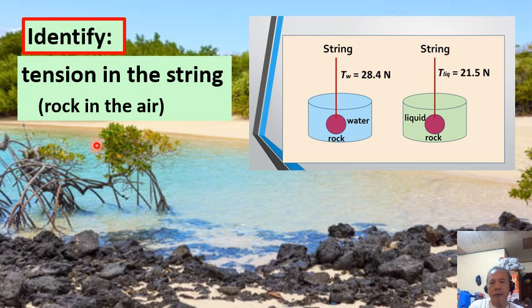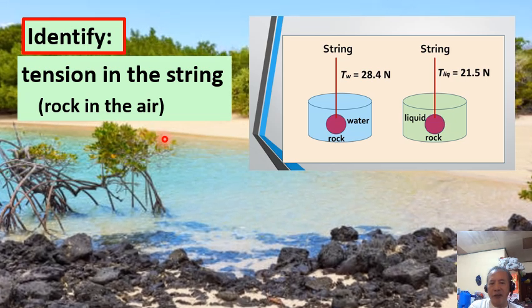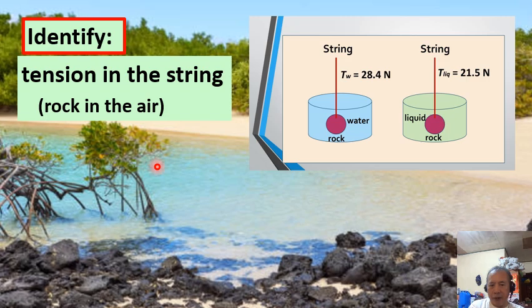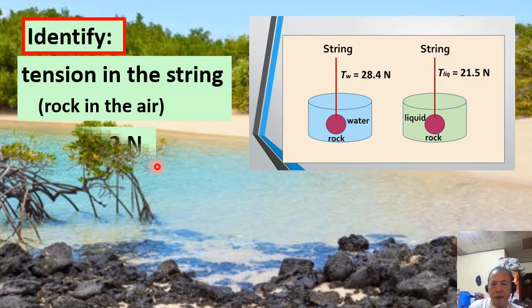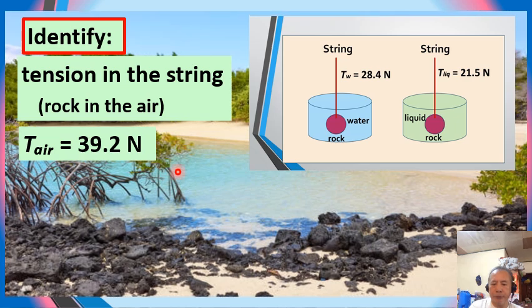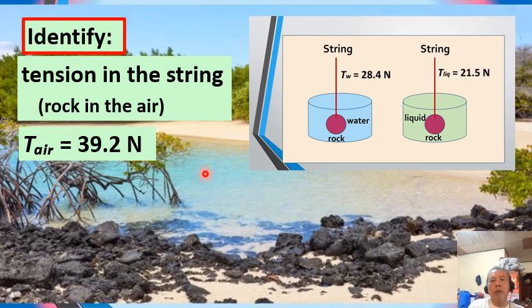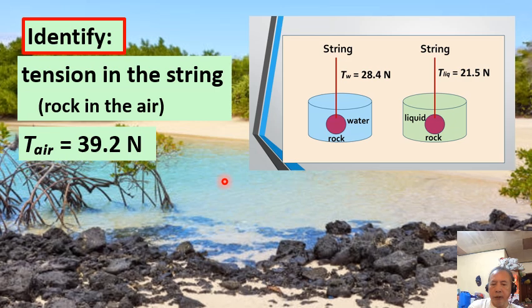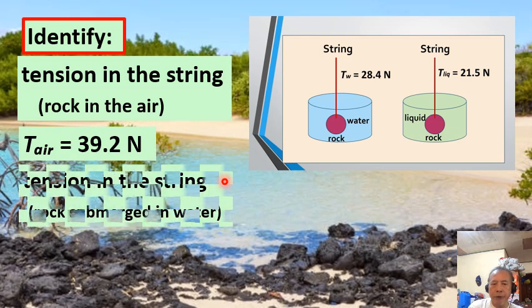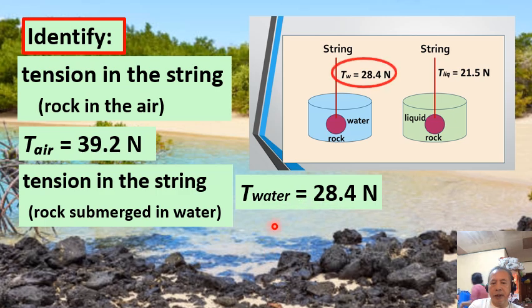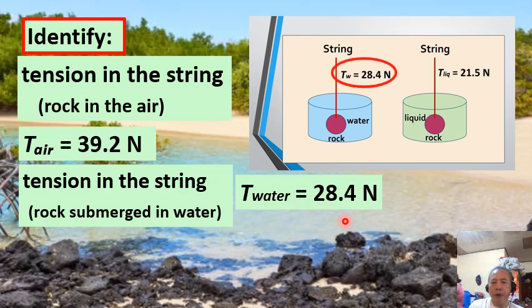We are given the tension in the string when the rock is still in the air. It is equal to 39.2 newtons. When the rock is submerged in water, the tension reads 28.4 newtons.